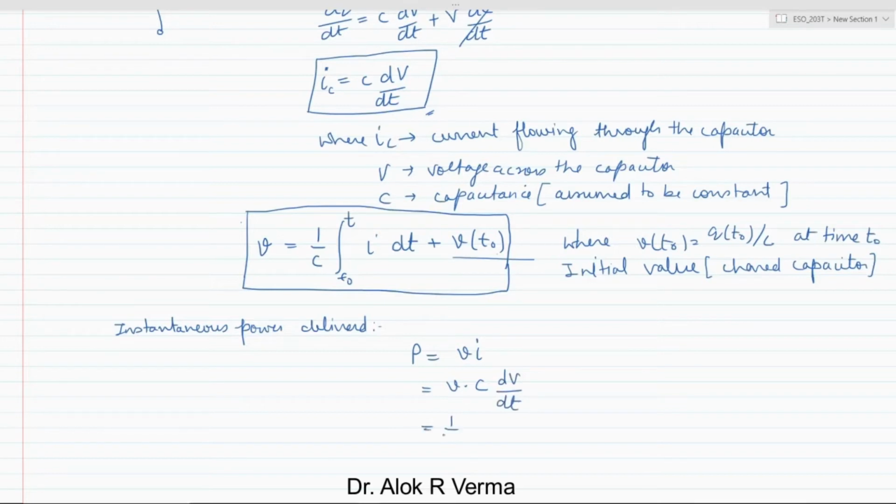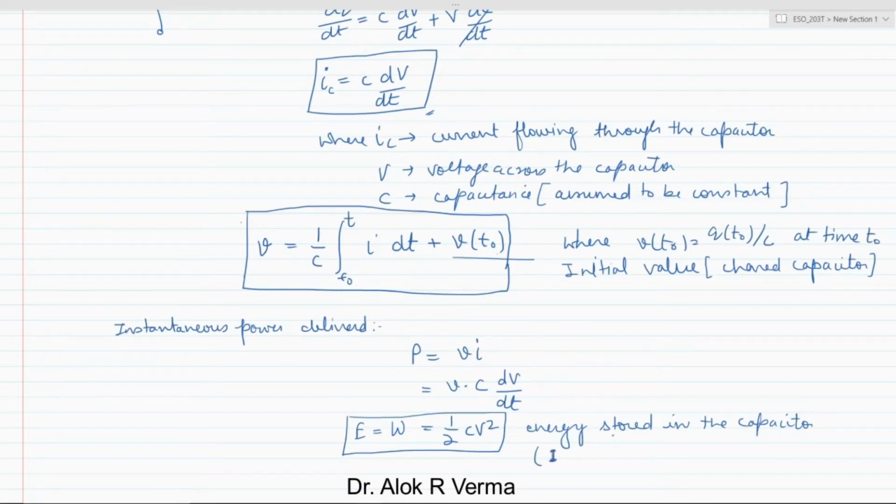Integrating this, it is nothing but half CV square, and integration means this will become the energy. So this is basically the energy stored in the capacitor. The energy stored in the capacitor is half CV square, for the initial charge present at the capacitor being 0.